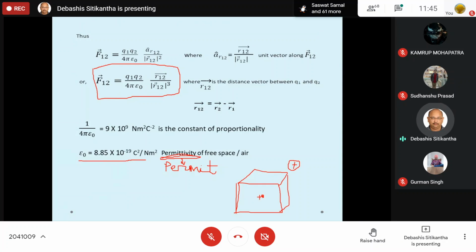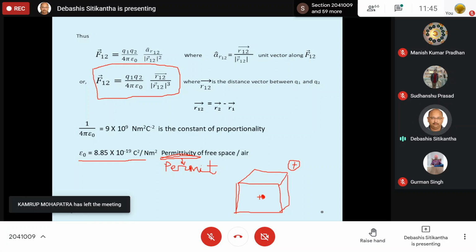Now you all know that every charge is going to create a field of its own around itself, in all dimensions. That means the electric field will just emanate from the positive charge, just like the rays coming out of the sun.